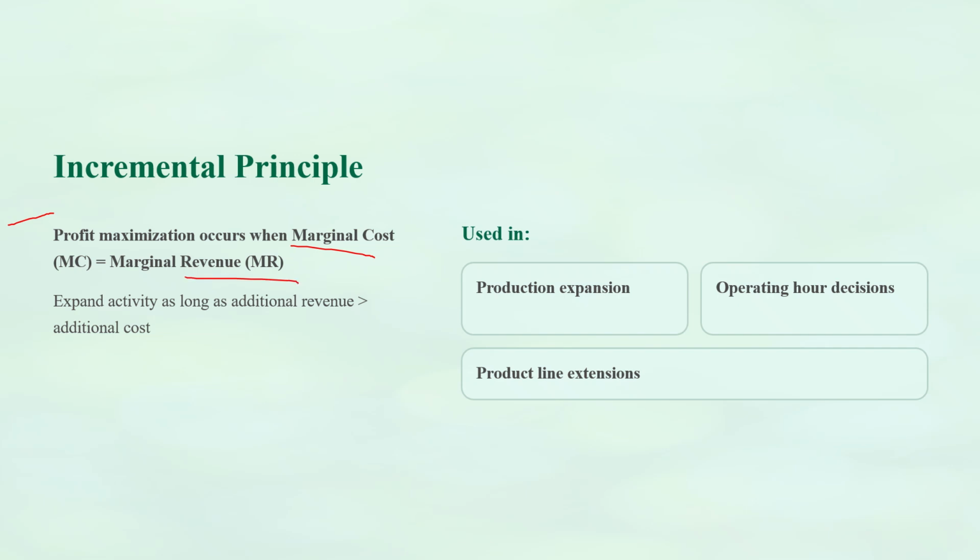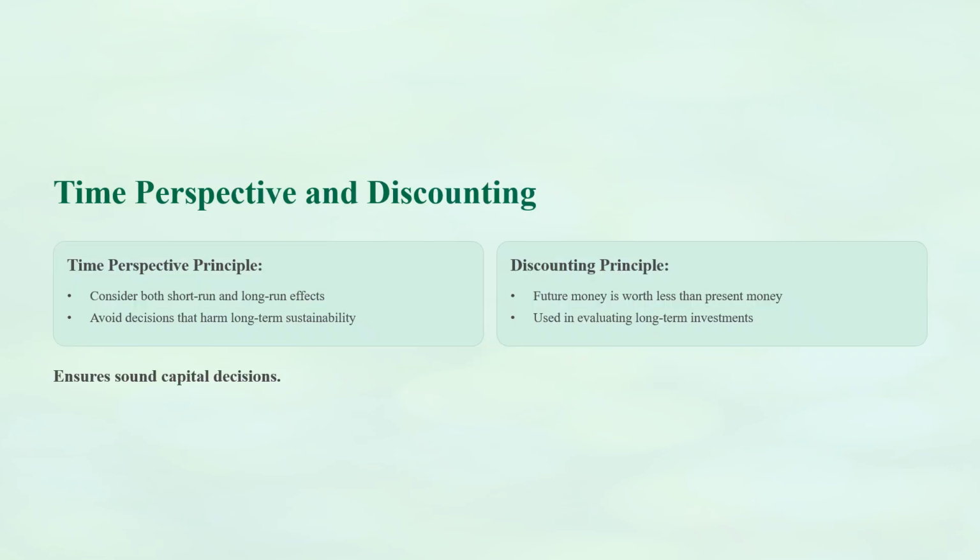So, expand the activity as long as additional revenue is greater than additional cost. In particular, the incremental principle is used in product expansion, product line extension, and operating hour decisions.